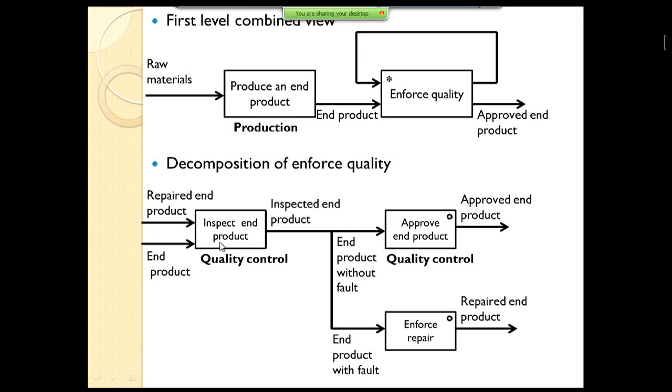The repaired end product and the end product, this block is the same as the quality control view. It is sent to inspect end product, and once the inspected end product output has become available, whichever is without fault is sent for approval, and whichever is with fault, we have to redirect it. Hence, enforced repair is given. Repaired end product is given as the output.